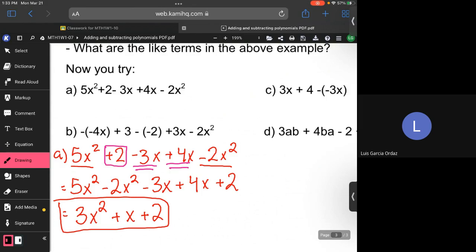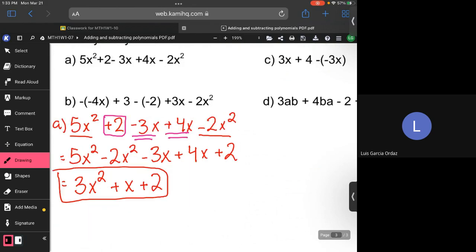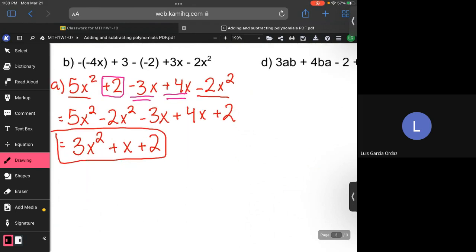We'll do B and C together, and D you guys will do on your own. So I got B is negative... plus 3 minus negative 2 plus 3x minus 2x squared.